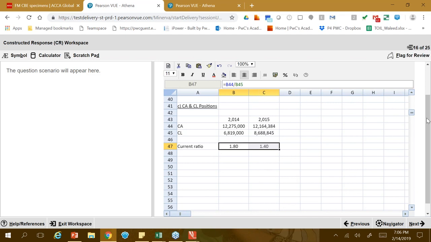Yes, right. So all of you can see here that the current ratio has deteriorated.